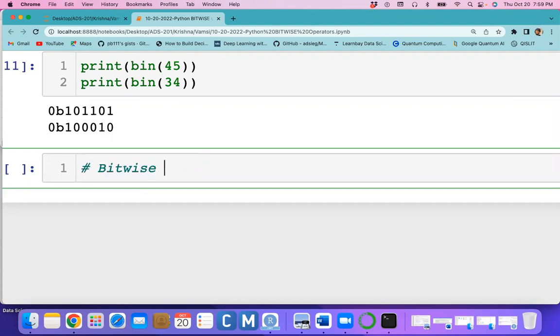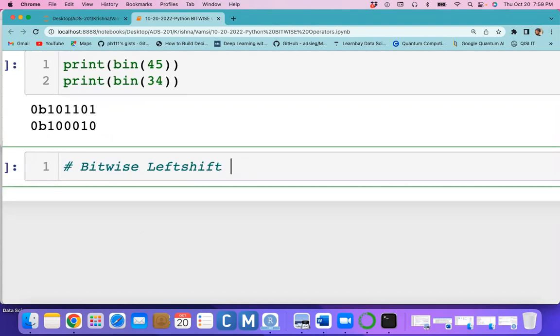Now, for bitwise left shift, the standard procedure is different, but I want to give you the direct formula. You just remember this one.